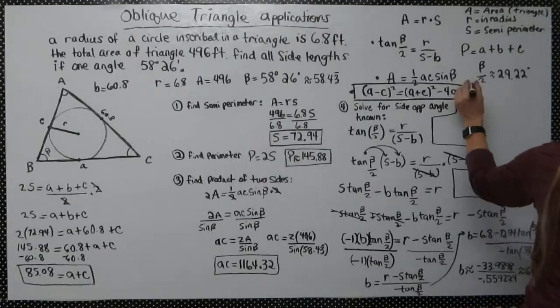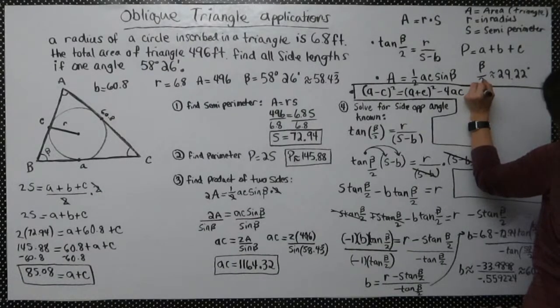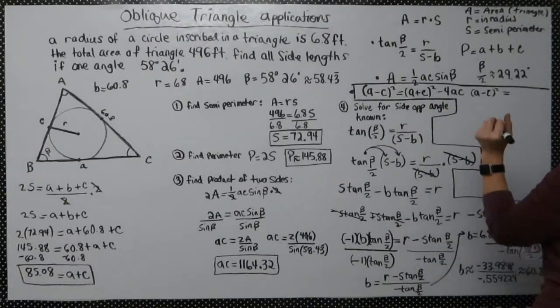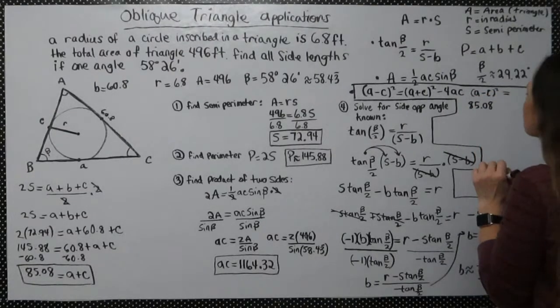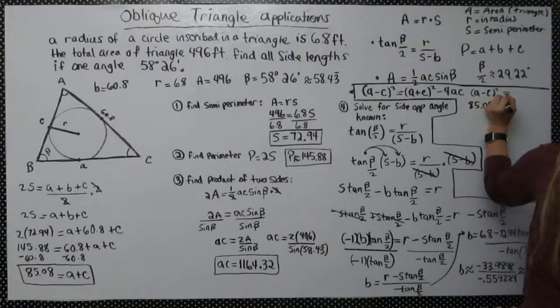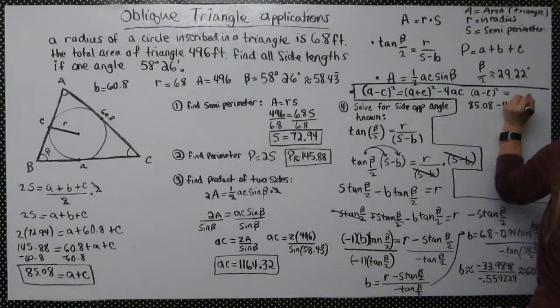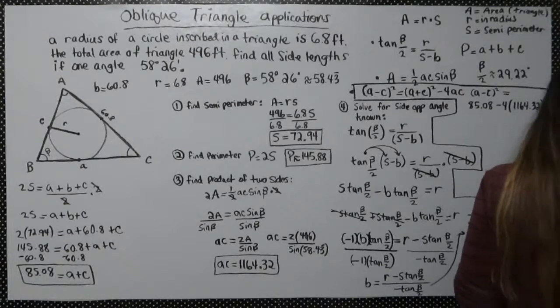We had a minus c squared equals a plus c, which is 8508, minus 4 times a times c, which is 1164.32. So I can figure that out.